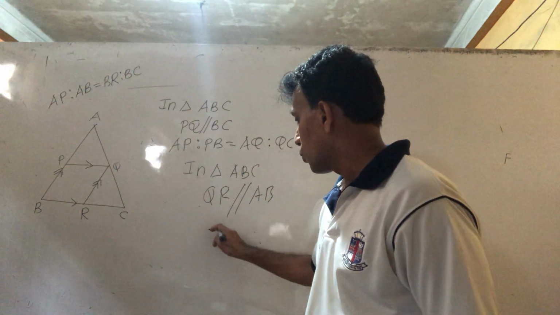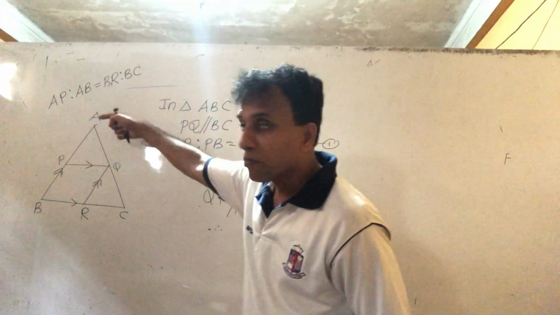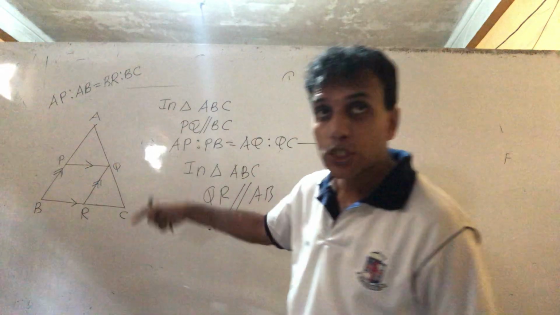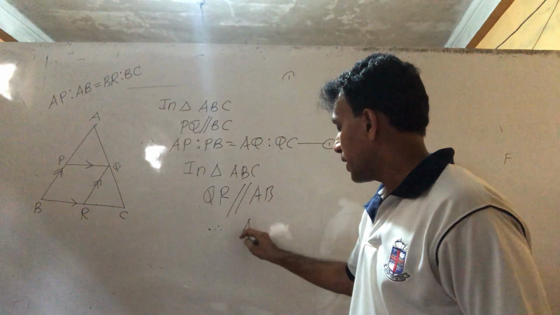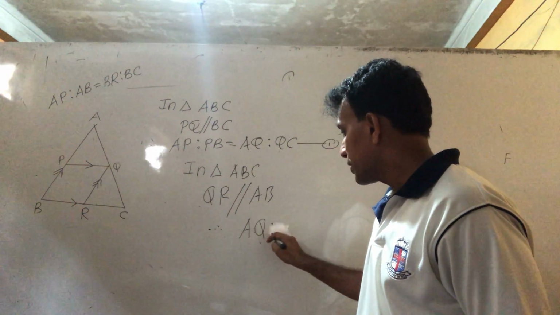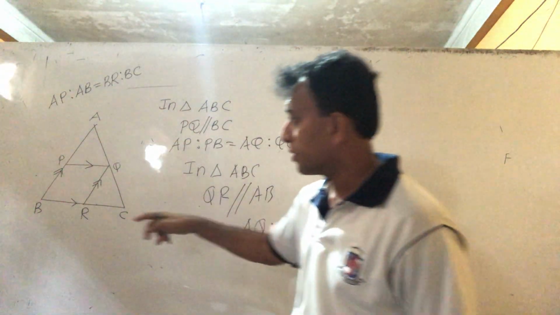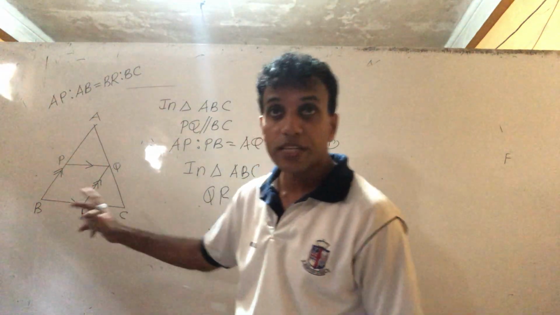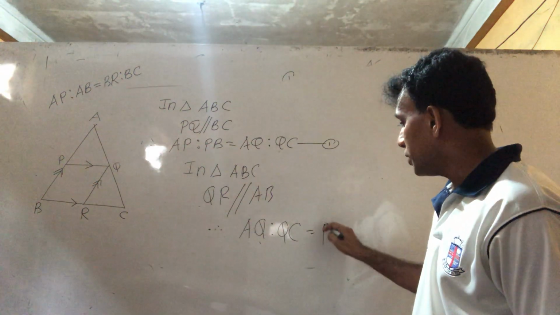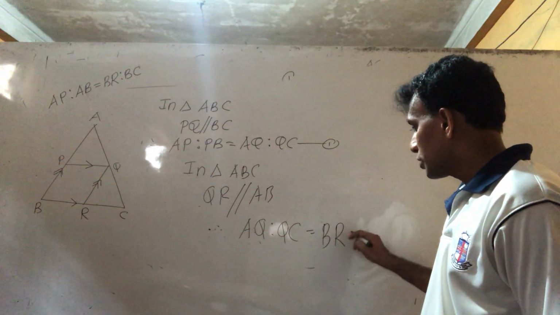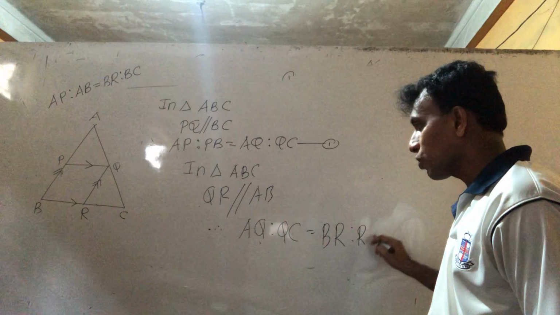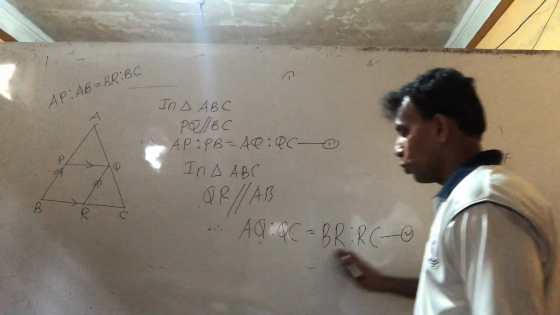Therefore, start from here: AQ is to QC equals BR is to RC. Okay, I call that number 2.